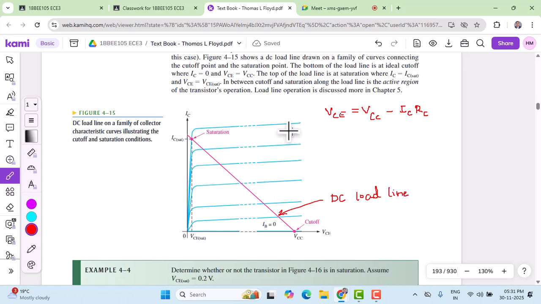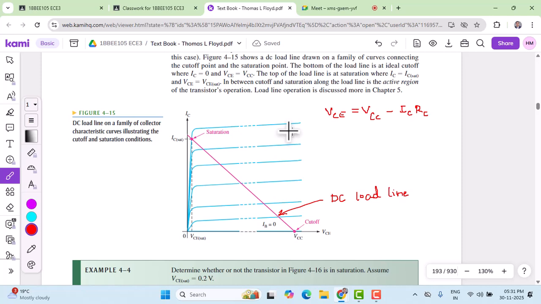So we discussed the points A and B. Assuming that IC, the collector current, is at maximum, one should ensure that VCE does not exceed the points A to B. It should not cross B. The next one is the PD max between B and C. The curve follows this equation: PD max is equal to VCE into IC.